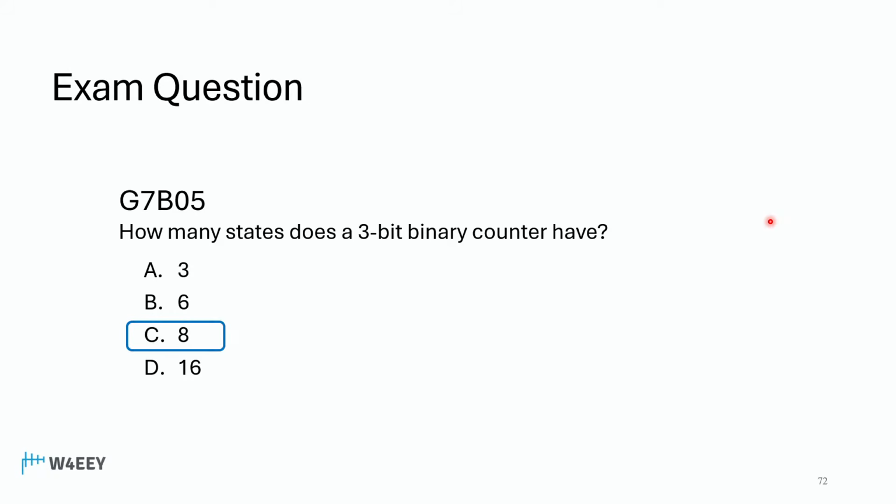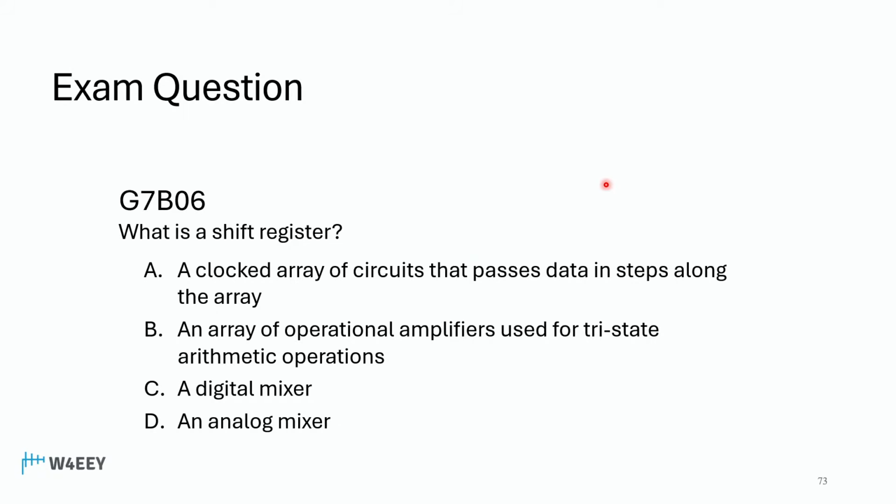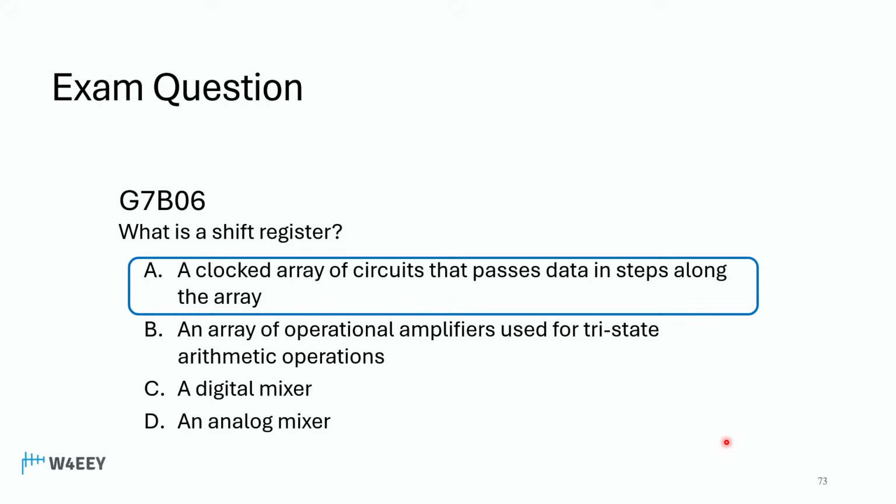It is Charlie. So 2 to the 3rd power mathematically, or 2 times 2 times 2, which is 8. We multiply 2 3 times. What is a shift register? Alpha. It is Alpha, a clocked array of circuits that passes data in steps along the array.